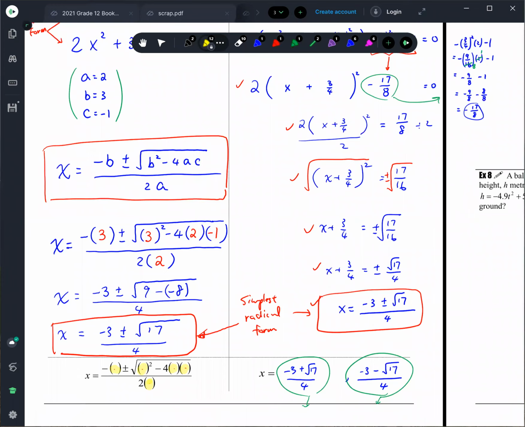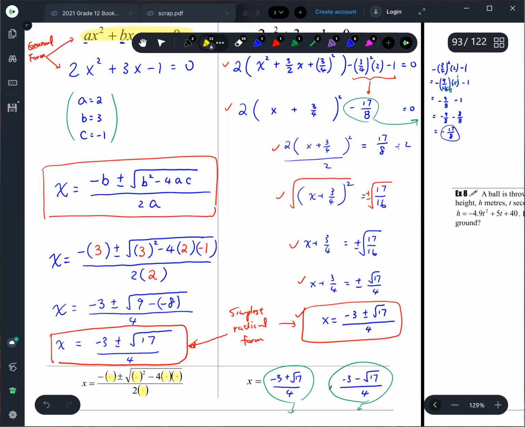Okay, can you raise your hand if you're okay with this section? So this is our last method for solving the equation. Make sure you have the notes down, how we found it.